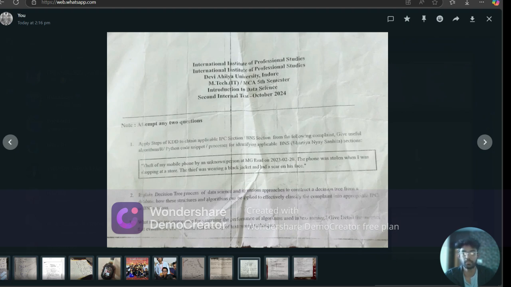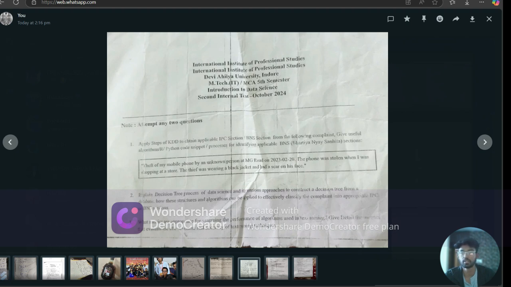Split the data into subsets based on the selected feature and a splitting criterion. Fourth, recursion. Recursively apply the splitting process to each subset until a stopping criterion is met, for example, maximum depth or minimum number of samples. Fifth, leaf node prediction. Make predictions for each leaf node based on the class distribution of the samples in that node.